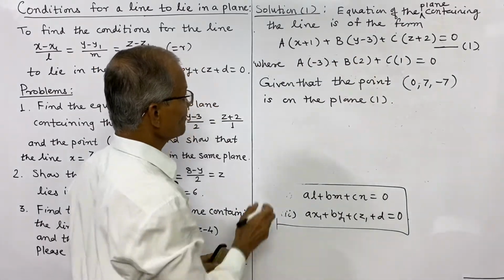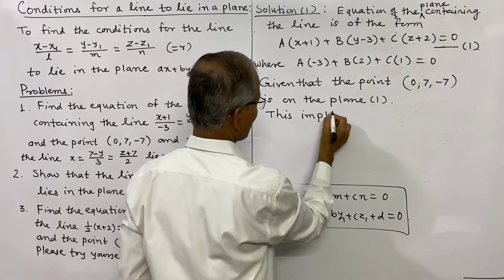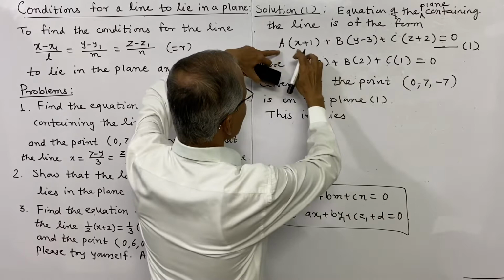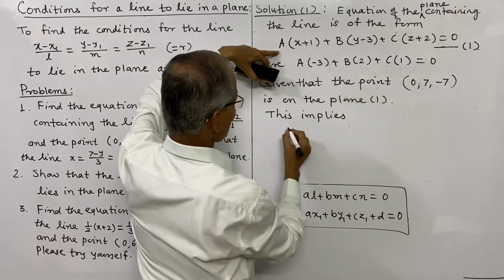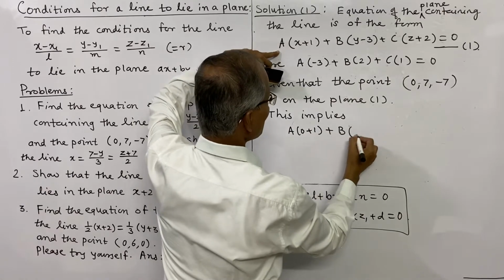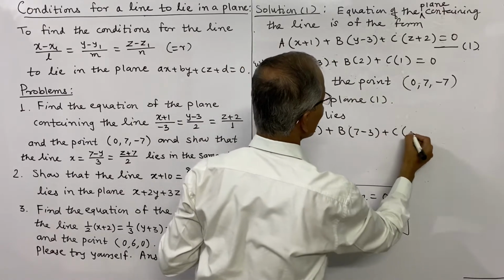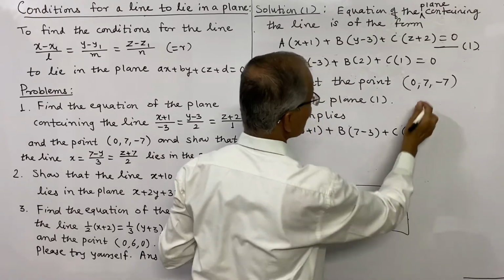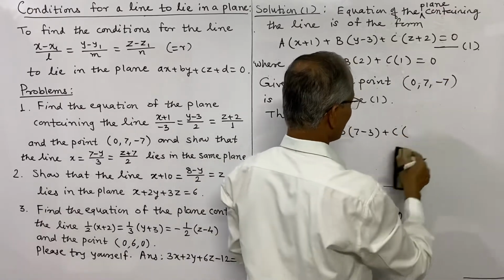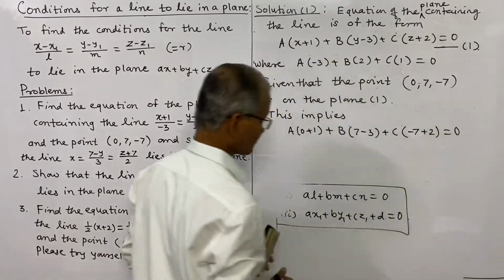So this implies, see, put x is 0: a into 0 plus 1, plus b into y, that is 7 minus 3, plus c into z, that is minus 7 plus 2, is equal to 0.